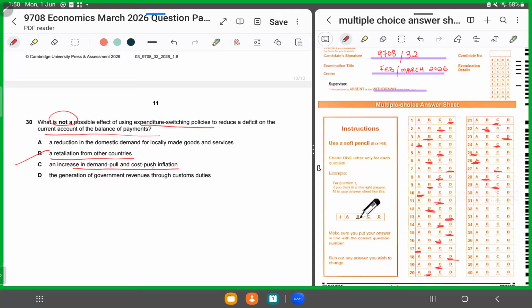It cannot be C because it can increase inflation as the economy expands. Similarly, it cannot be D because the revenue is going to increase if the tariffs are imposed by the government, right? So it cannot be B, C, or D. It has to be A, a reduction in domestic demand for locally made goods and services. It cannot cause a reduction in demand for locally manufactured goods because it would increase in reality, right? So for 30 we'll shade in A as the correct answer.